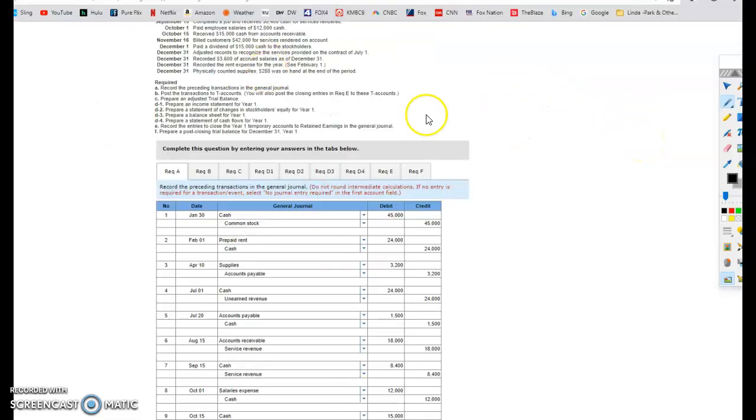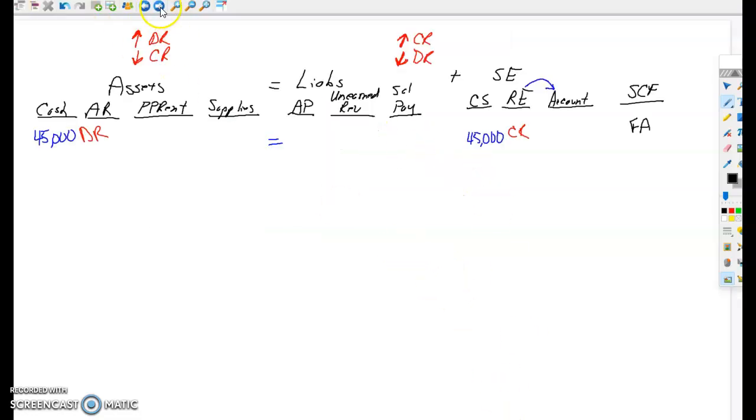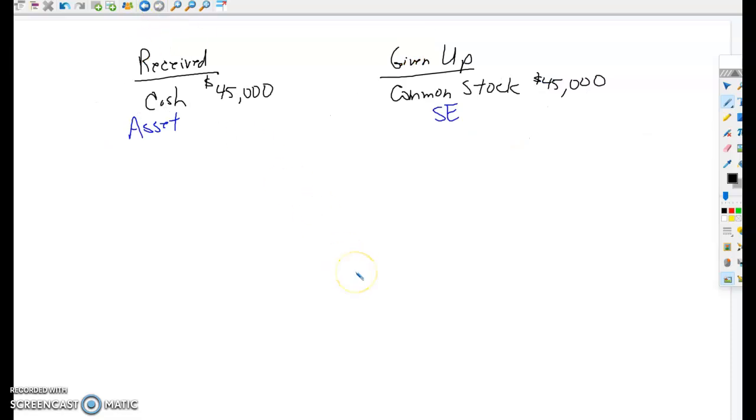Okay, let's go look at our second transaction, February 1, paid rent for office space for 2 years, $24,000 cash. Okay, so let's look at what did we receive? Well, we received rent in advance, right? And we gave up cash. So we've given up cash.